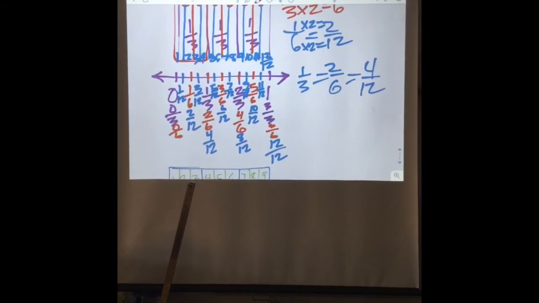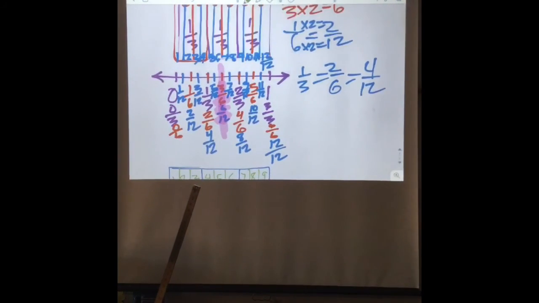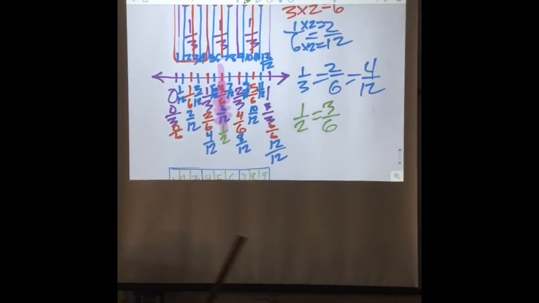I see a 3, and that's half of the 6, and that 6 is half of the 12. So this is our what? Half. So, ooh, I should change the color, shouldn't I? Let's make it green. So 1/2 equals what? 3/6. Because 3 is half of 6, which equals 6/12.